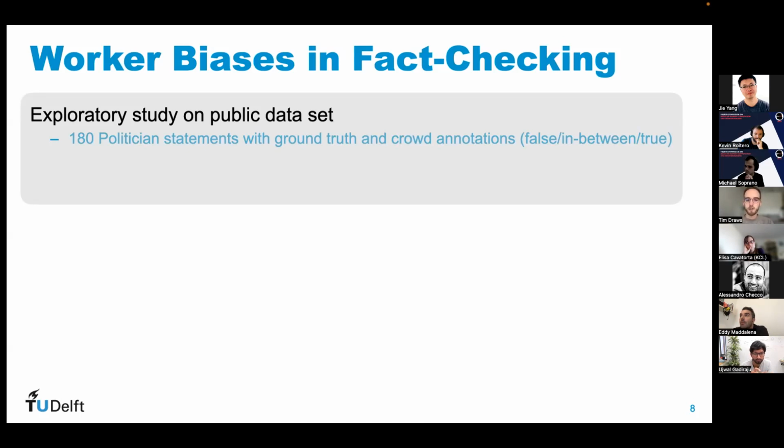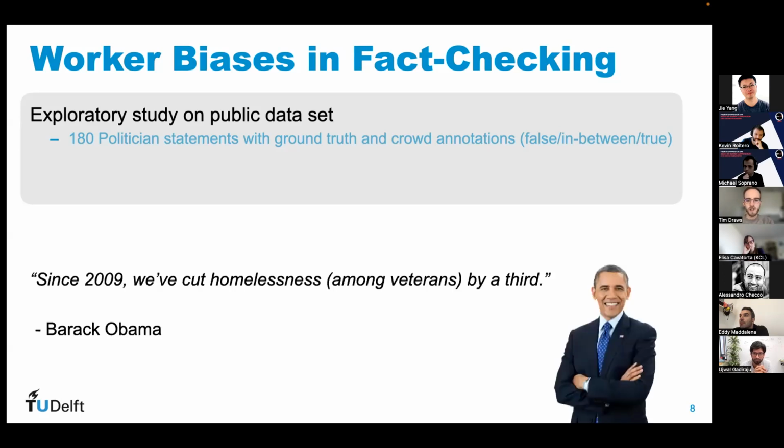And all of these annotations and the ground truth were eventually mapped into this 3-level taxonomy: false, in between, or true. So, for example, we have this sentence here from Barack Obama: "Since 2009, we've cut homelessness among veterans by 1/3." Then a crowd worker's task here is to basically do some research and figure out whether this statement is true or not, or to what degree it is true.